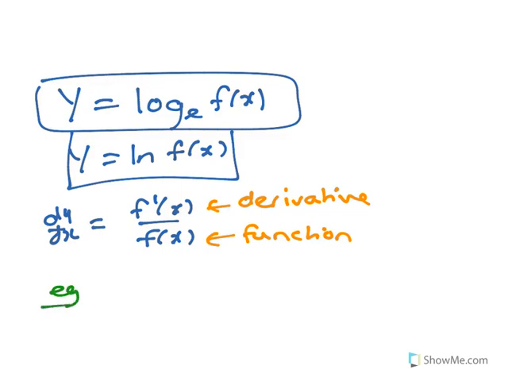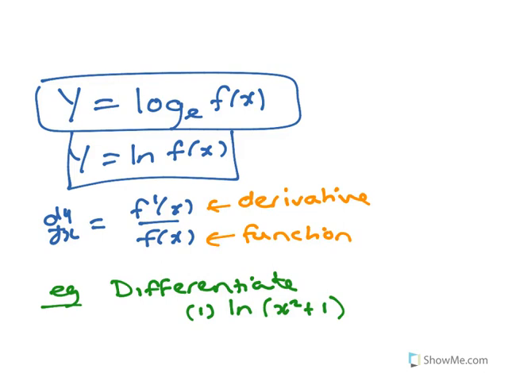So for example, let's use this to differentiate the following. Let's go ln of x squared plus 1. Okay, so when I differentiate that, derive the function, which is x squared plus 1, so that becomes 2x, over the actual function, which is x squared plus 1.